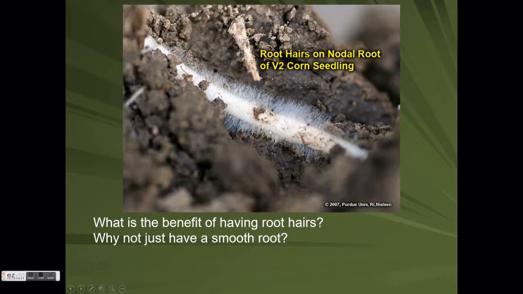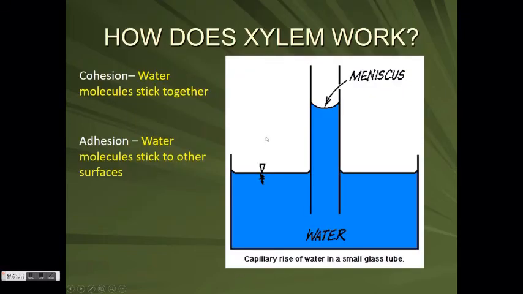Once the root water gets into the xylem, now we need to start to move the water up the plant. There are two different features of water that are important to keep in mind. One is cohesion and the other is adhesion. Cohesion: water molecules stick together, and adhesion: water molecules stick to other surfaces. They adhere.